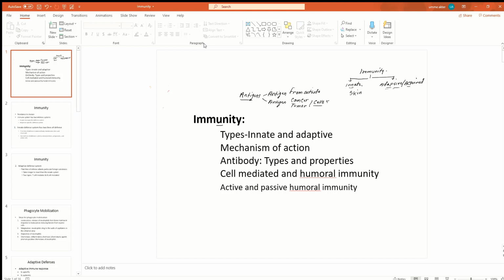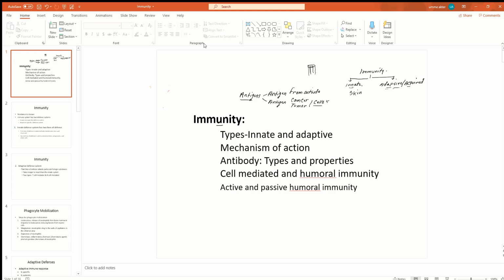Now, if the antigen tries to enter into your body through the respiratory tract, we inhale the air all the time, right? So microorganisms are getting into the respiratory tract, inside the nasal cavity, inside your trachea, larynx, pharynx, right? Bronchi. The inner lining of the respiratory tract, the layer, is called the mucosa.